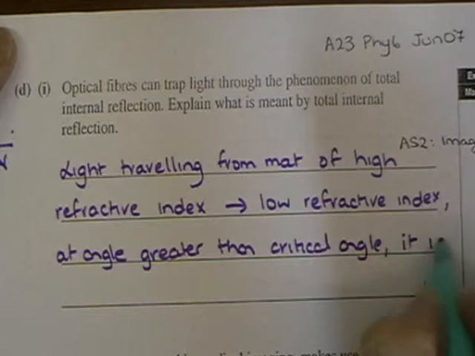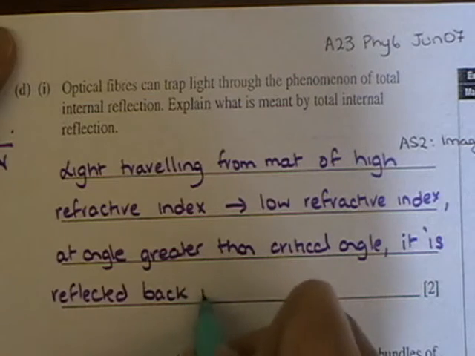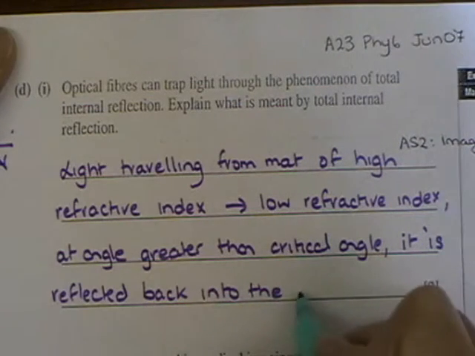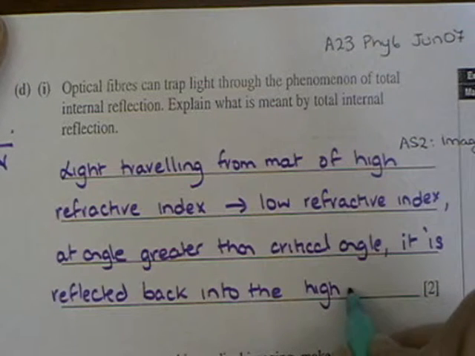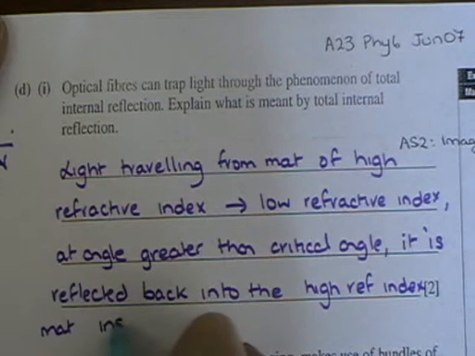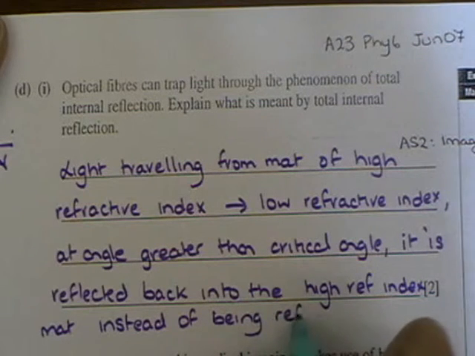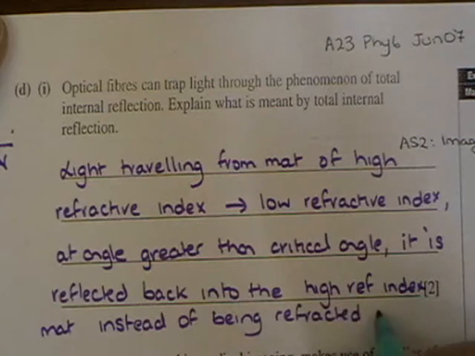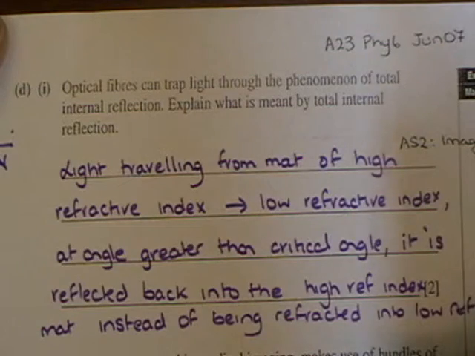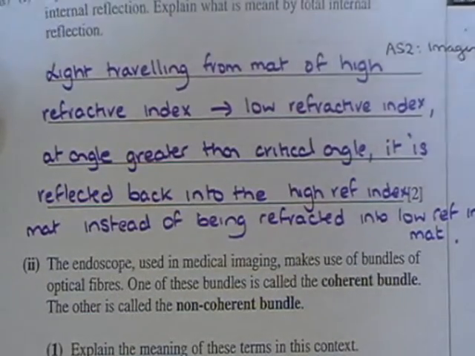Then it is reflected back into the high refractive index material, instead of being refracted into the low refractive index material. And that's really what total internal reflection is.